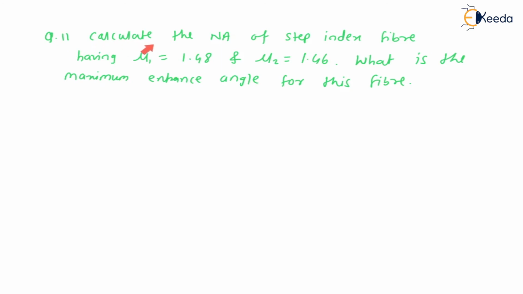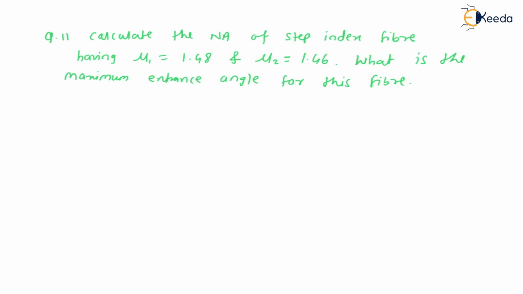Calculate the numerical aperture of a step index fiber having mu1, the refractive index of core medium, as 1.48, and mu2, the refractive index of cladding, as 1.46. Then what is the maximum entrance angle for this fiber? So here we have to find Na, the numerical aperture, and they have given the values of mu1 and mu2.